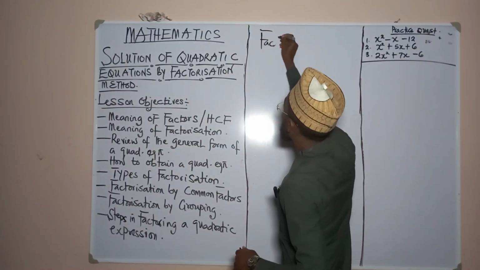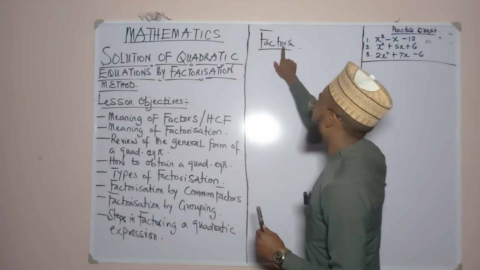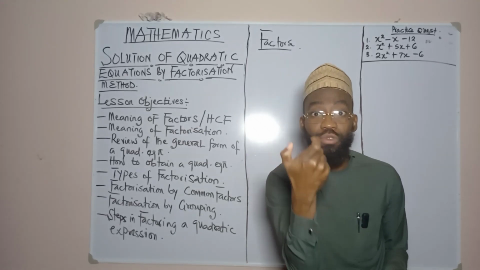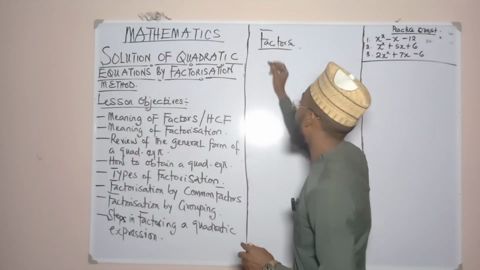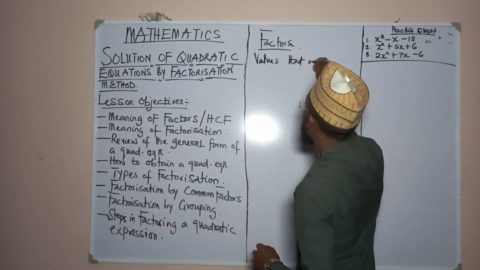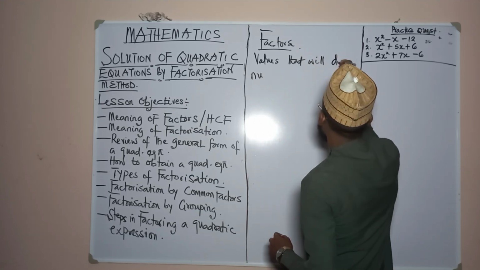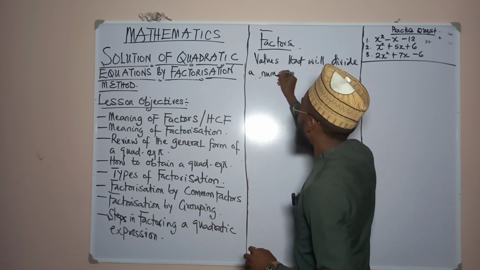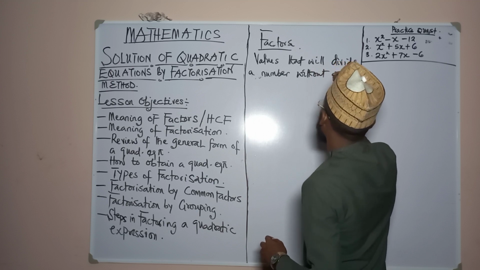Factors. What are factors? When we talk about the factors of a number, we are talking about finding values that will divide a number without a remainder.